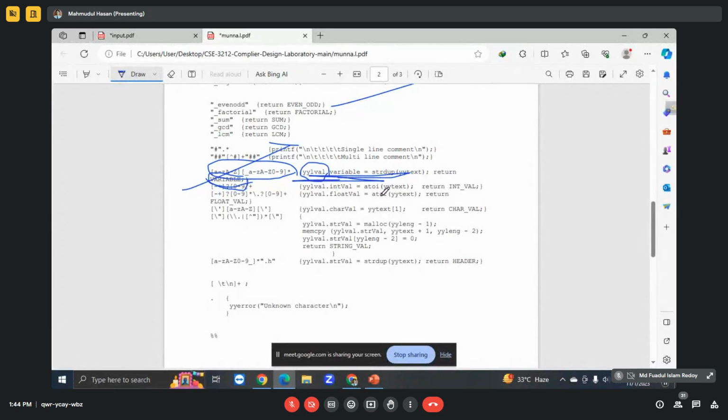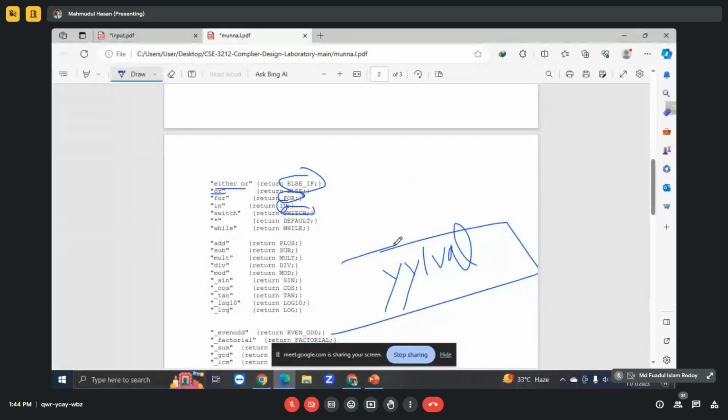Why a global variable? Because this attribute value is needed for all the phases of the compiler. That's why yylval is a global variable. Got my point, everyone?